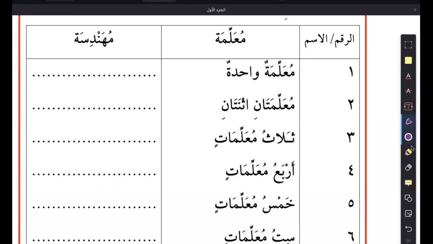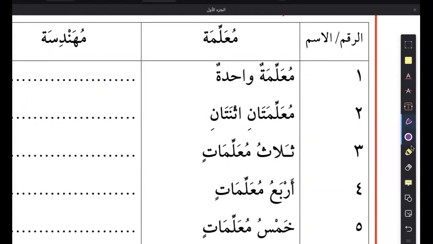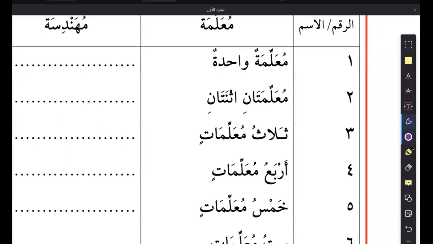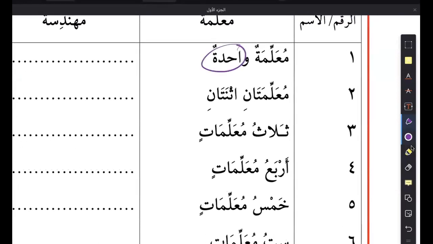I'll just review a few key important things to remember to make your numbers easy. Number one, 1 and 2 will always match.